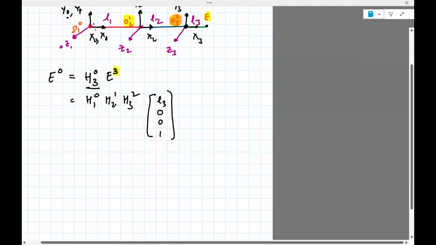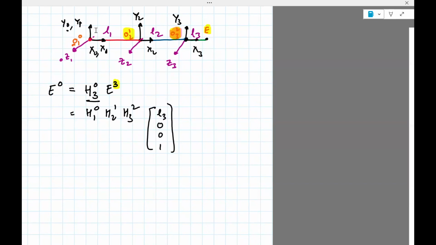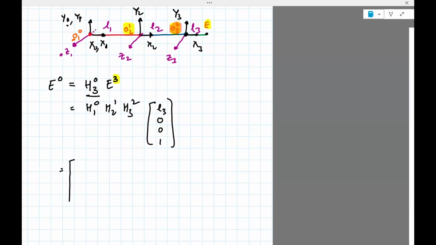Okay, so you have to use the H's from the previous page and just multiply them, and if you simplify, you'll get something like this: C123, minus S123, S123, C123, 0, 0, 0, 0, 1, and 0, 0, 0.